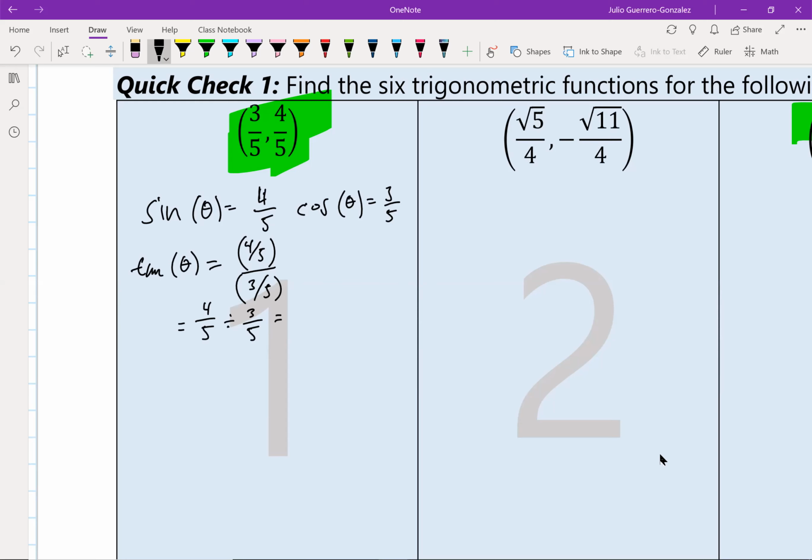You flip the second one and turn it into a multiplication, right? So it's going to be 4 over 5 times 5 over 3, okay? And it's at this point where we can do canceling. We are left with 4 divided by 3. Got it?